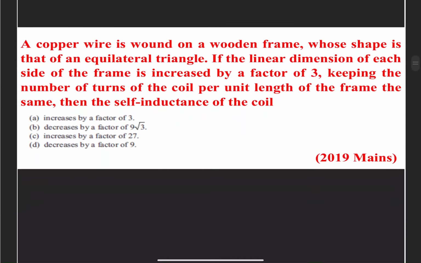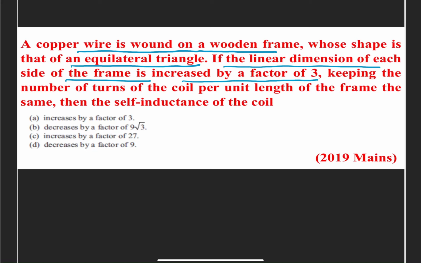And next question, we are given that a copper wire is wound on a wooden frame whose shape is an equilateral triangle, and if the linear dimension of each side of the frame is increased by a factor of 3, keeping the number of turns on the coil per unit length of the frame same, then the self-inductance of the coil is.